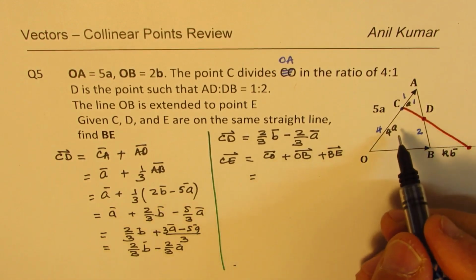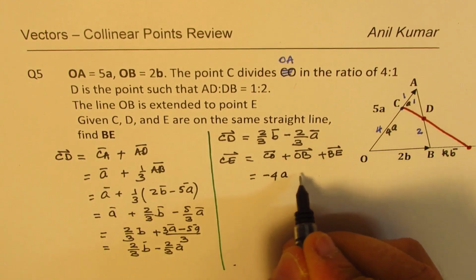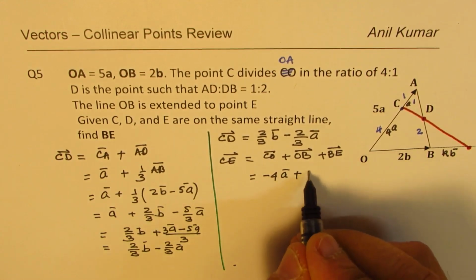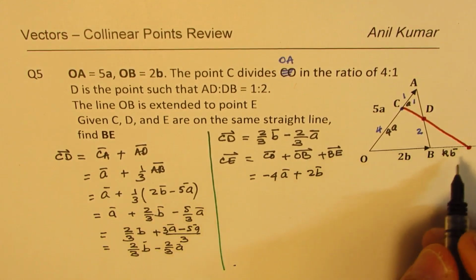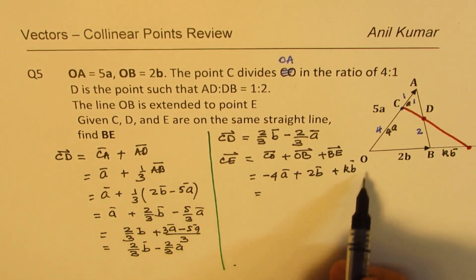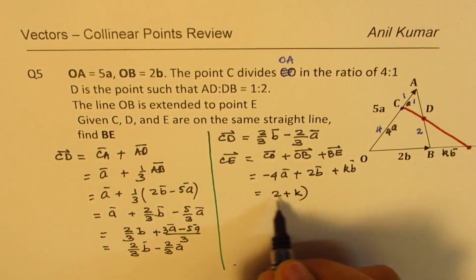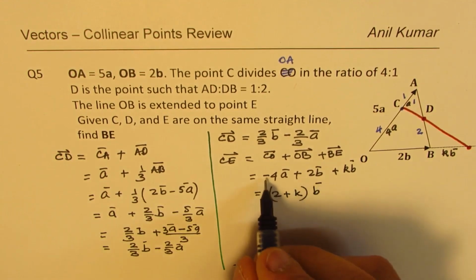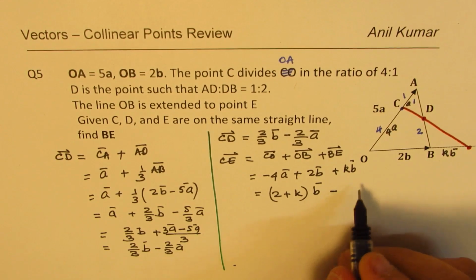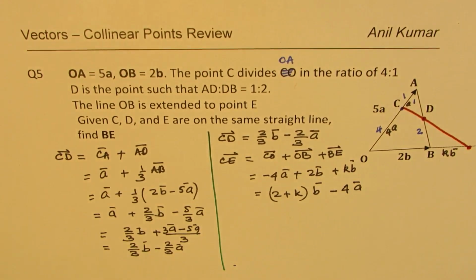So C to E will be: C to O is minus 4A since you are going in the reverse direction. O to B is 2B, and this we have taken as K times B. So as far as the B coefficient is concerned, we get 2 plus K as the coefficient of B, and for A, we have minus 4A, right? So that is what we get.